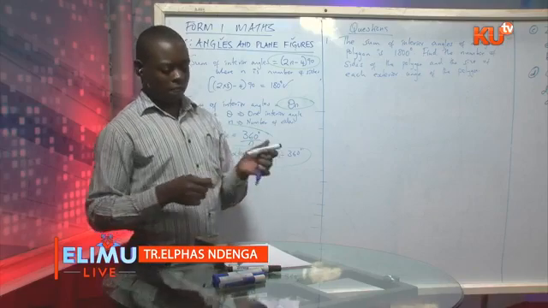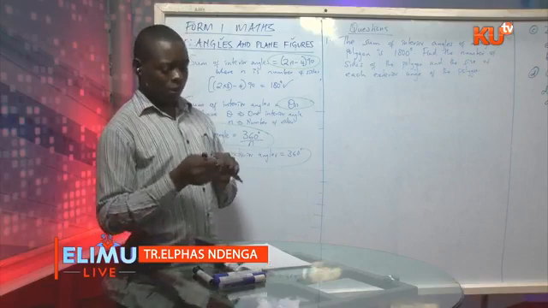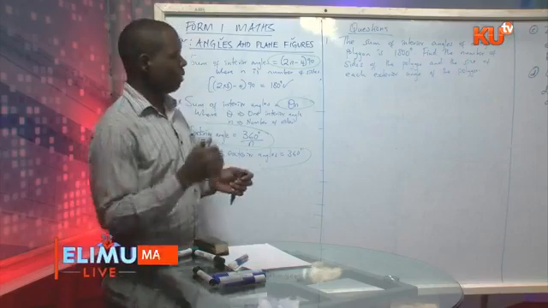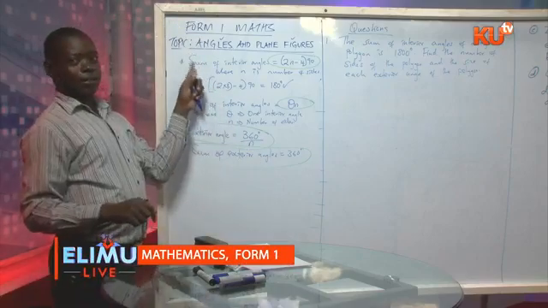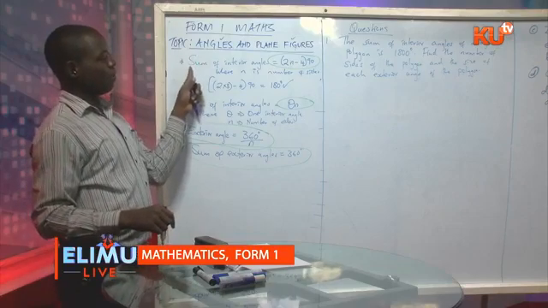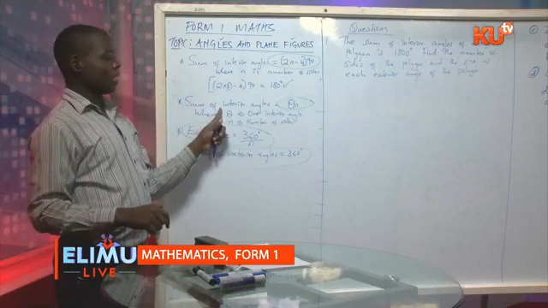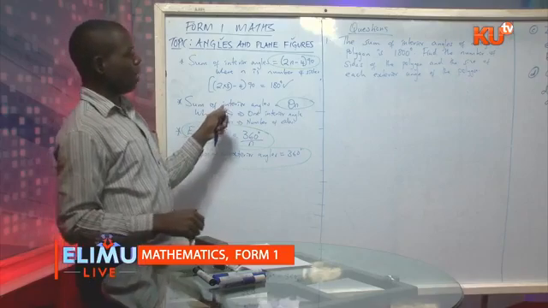With the basics we've discussed, I believe wherever you are, you can work it out on your own. However, let's work it together. This is the formula, that the sum of interior angles is this, in this case. But we cannot apply formula number 2. Why?